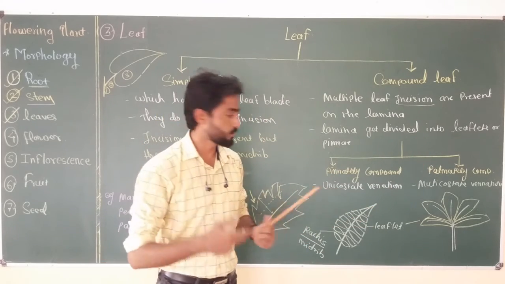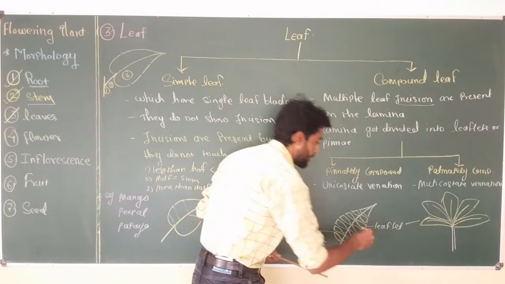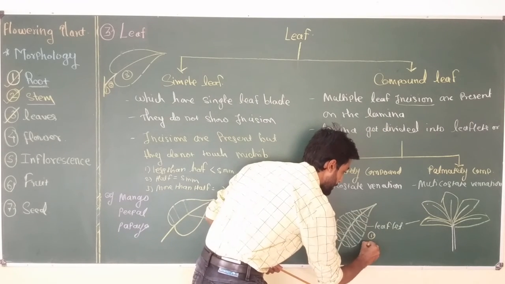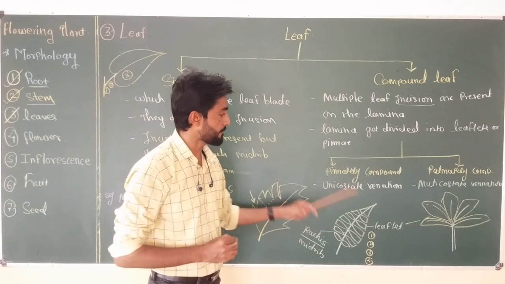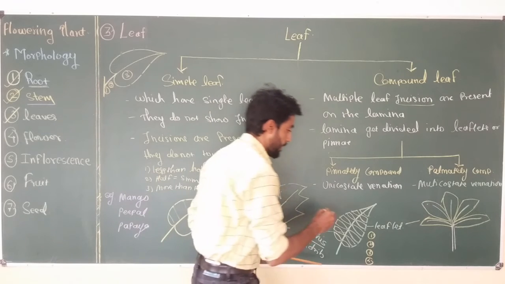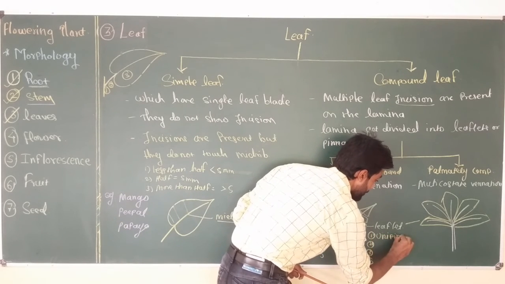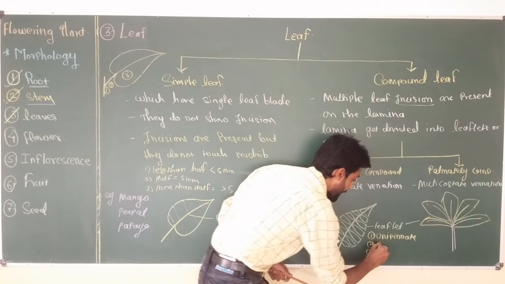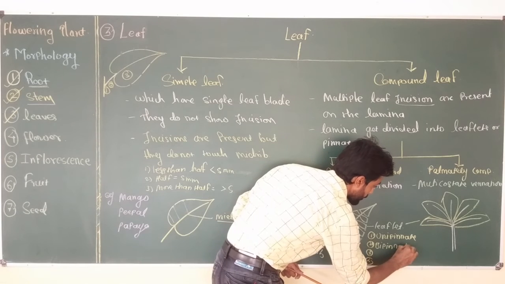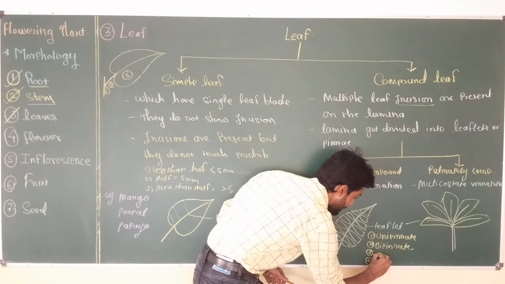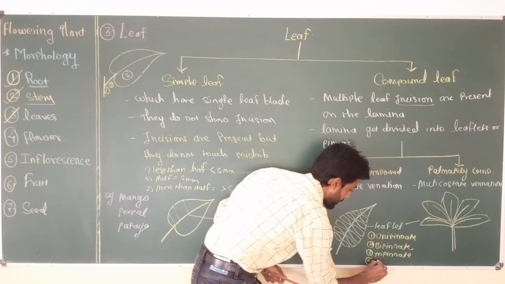On the basis of the number of leaflets or pinnae present in pinnately compound leaves and palmately compound leaves, there are various types of both these leaves. So pinnately compound leaves are divided into four types. The four basic types of pinnately compound leaf are unipinnate, bipinnate, tripinnate, and decompound.